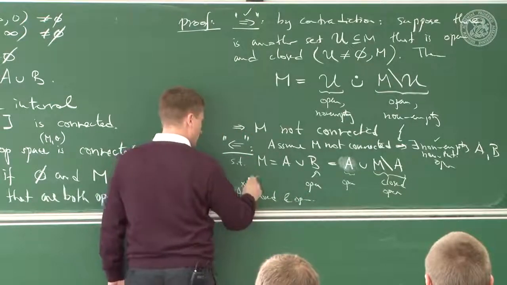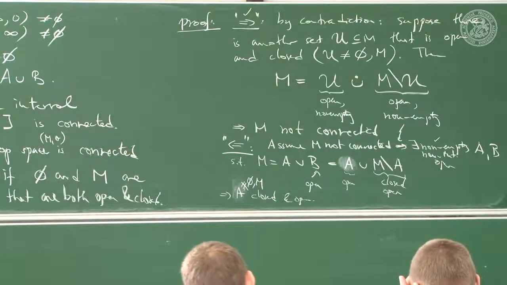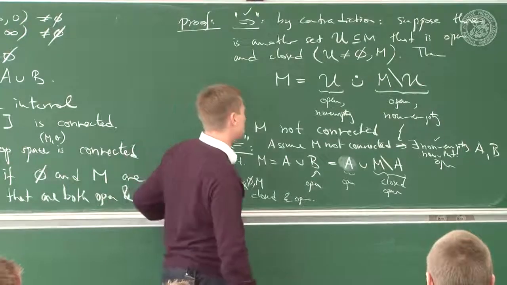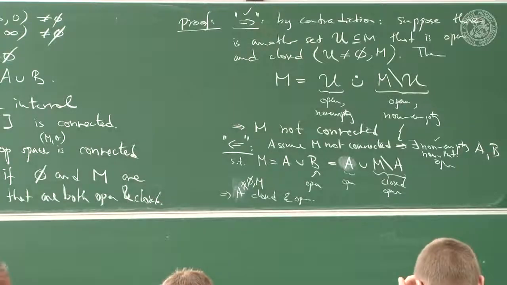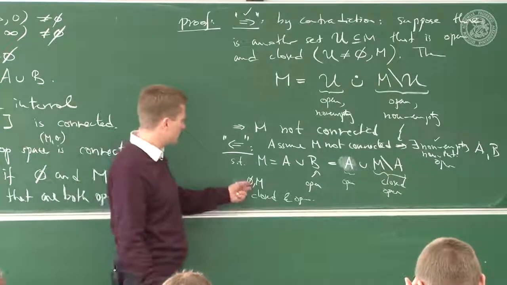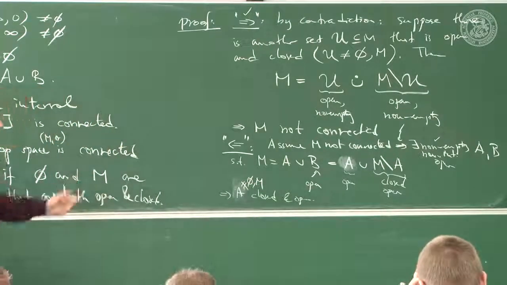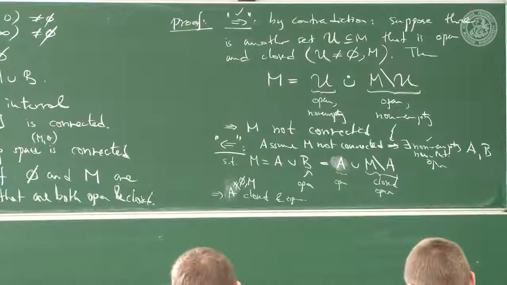And this is not the empty set or M, as I just argued. So if M is not connected, then it follows you can construct a set that's not the empty set or the entire set that's both closed and open. Hence, you have the opposite direction. That's it.